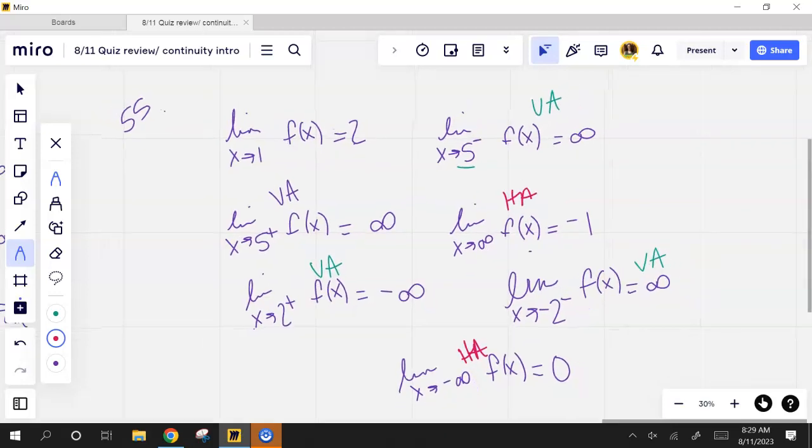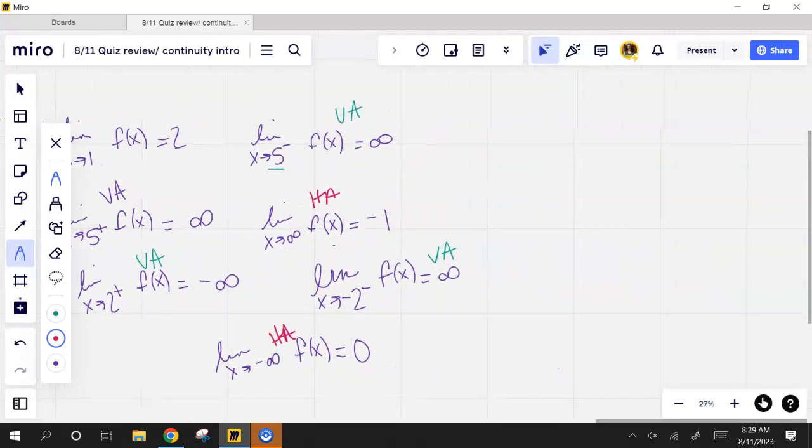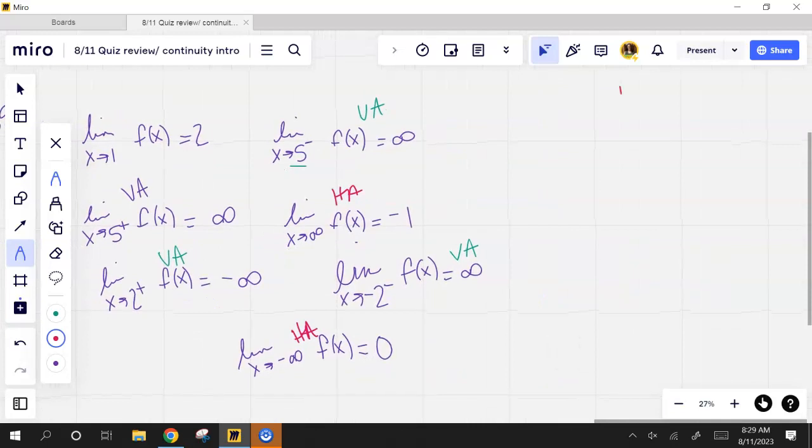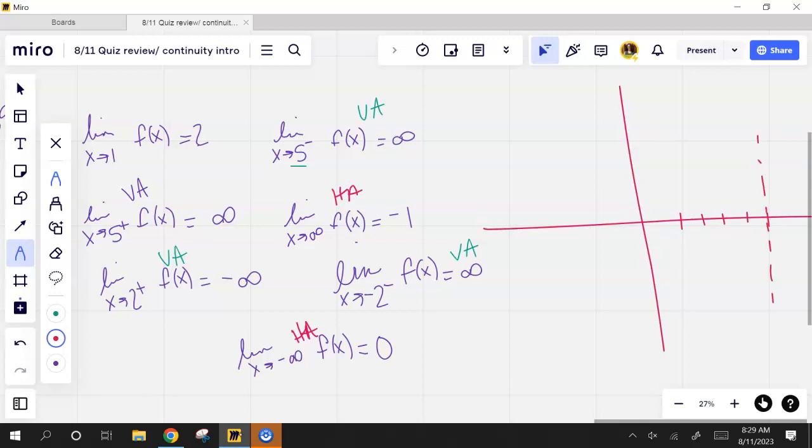Well, let's see what happens. I've got a vertical asymptote at 5. 1, 2, 3, 4, 5. Vertical goes to the number. Yes. But for a vertical asymptote, the limit has to equal infinity. All right, so I got 5.